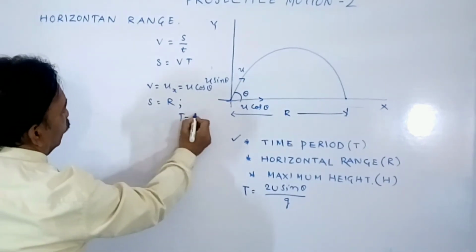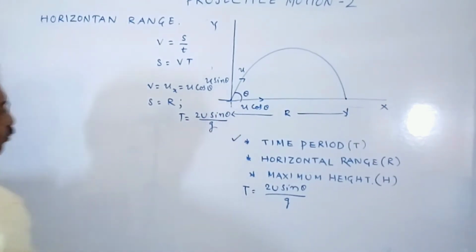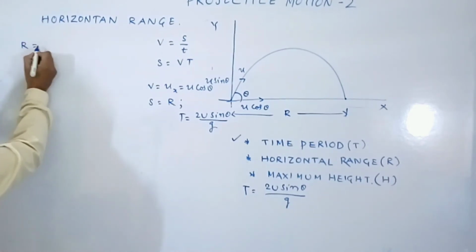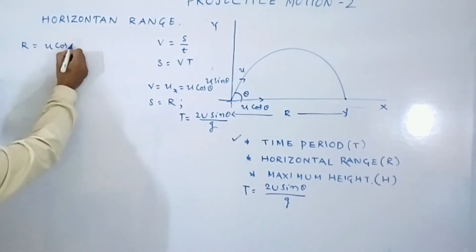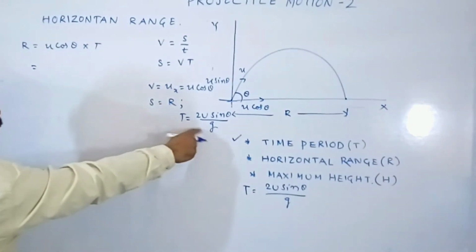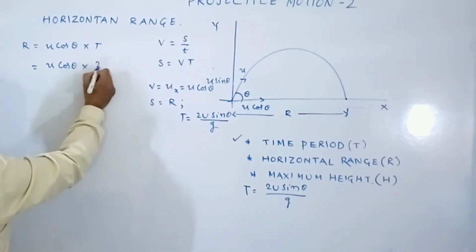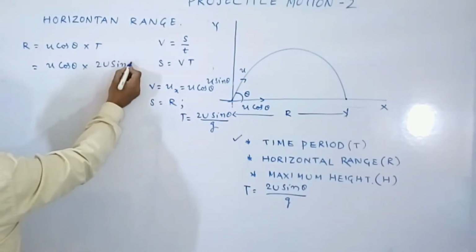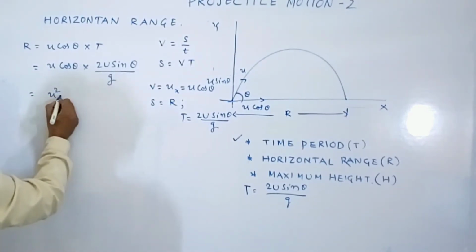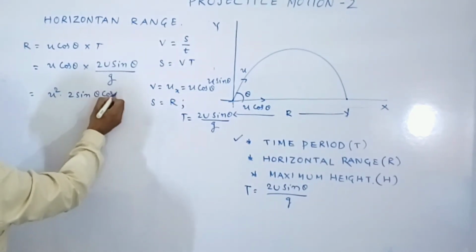T is equal to 2u sine theta by g. We are substituting these parameters in this relation. What do you get? R is equal to u cos theta multiplied with T, but T is equal to 2u sine theta by g. It is u cos theta into 2u sine theta by g. It can be written as u square into 2 sine theta cos theta by g.